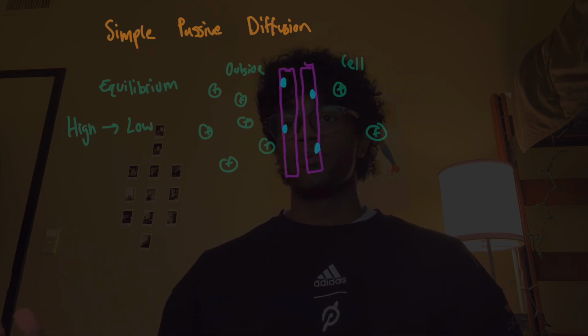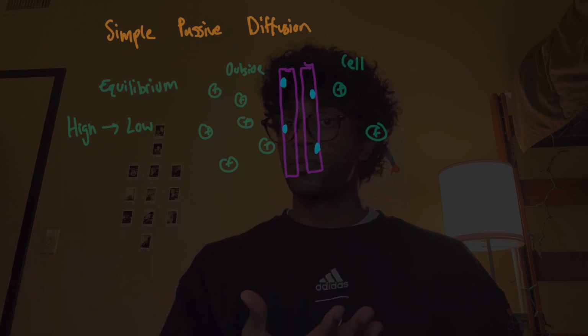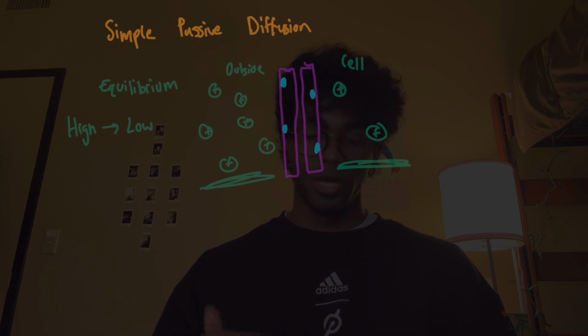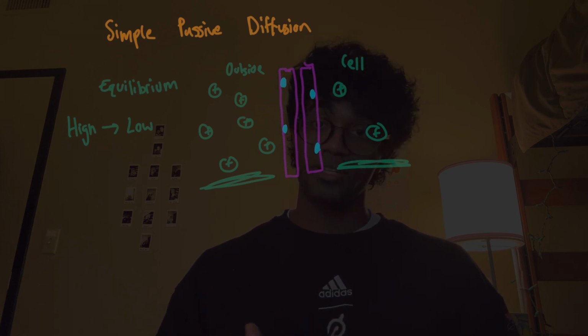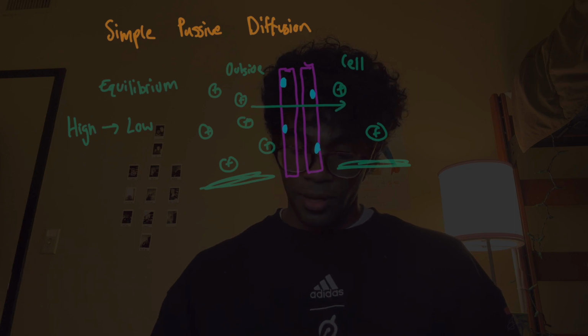This ion is out of equilibrium, just for this case. What do we do to make our ion go from being out of equilibrium to being in equilibrium? There's an imbalance. There's too many positives on this side and not enough on this side. Let's go back to our rule, high to low. We're going to move some of these guys from the higher concentration to our lower concentration. So they're going to flow through.